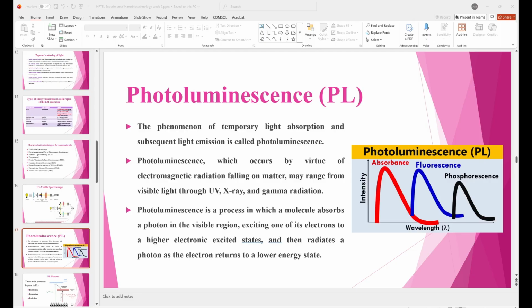Basically it loses some of its energy and comes down. In the conduction band, you have different levels, different excited states. So if it goes to a higher excited state, it will come down to the lowest excited state first. That is known as non-radiative relaxation. No wavelength is released there. So it does expend some energy to come down to the lowest excited state.